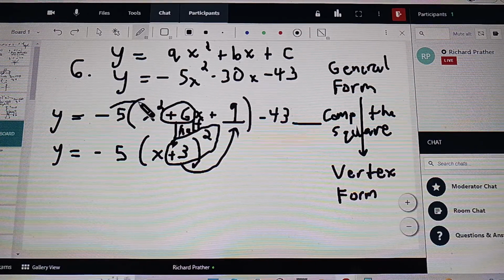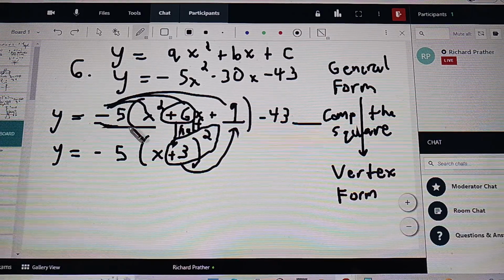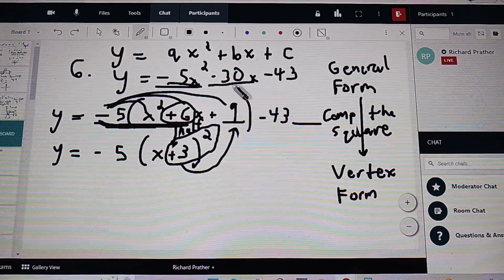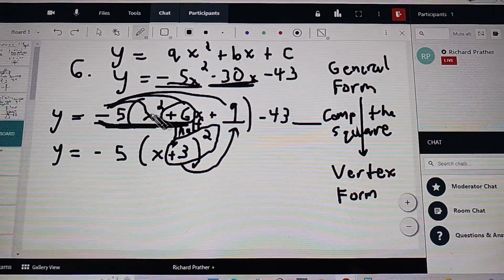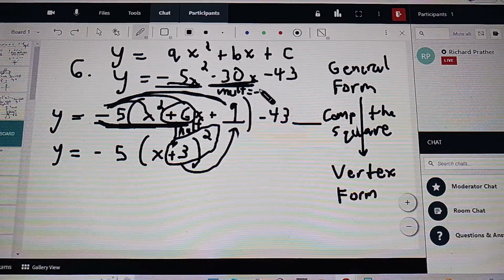Because this negative 5 affects everything in this parenthesis. There's actually a negative 5x squared right there. This negative 5 times 6, that's negative 30x. So if you want to know what to fill in this blank, you have to multiply the negative 5 to the 9, multiply that out. That is negative 45.